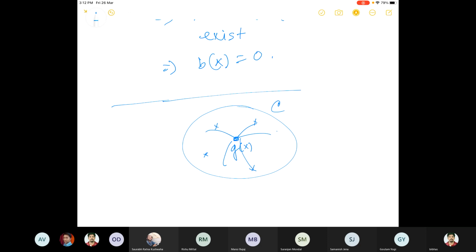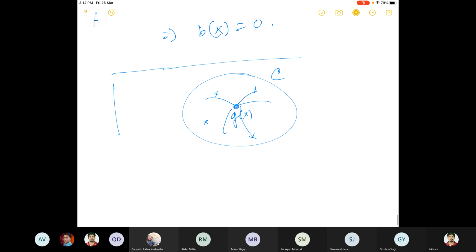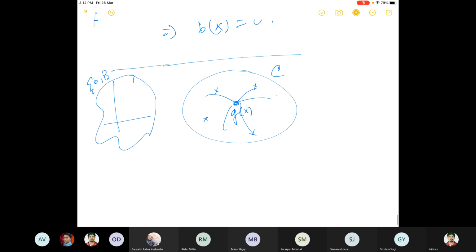Now we have to construct G(x). That you don't know, because we want to construct a cyclic code. If we look back, this is where we started with {0,1} to the power n. So this is the entire space, and C is inside here, some subspace, which is the code polynomials.